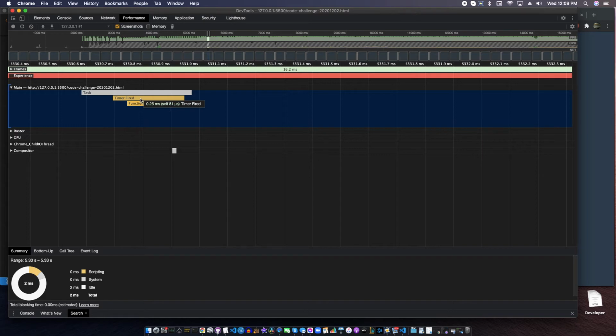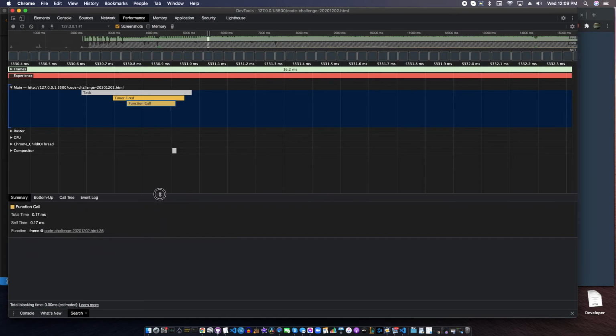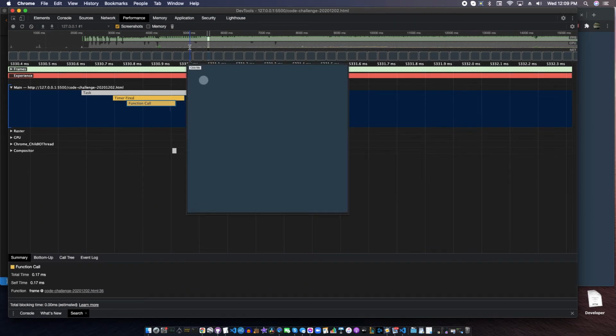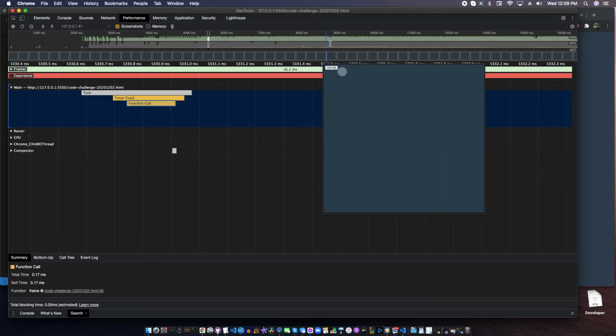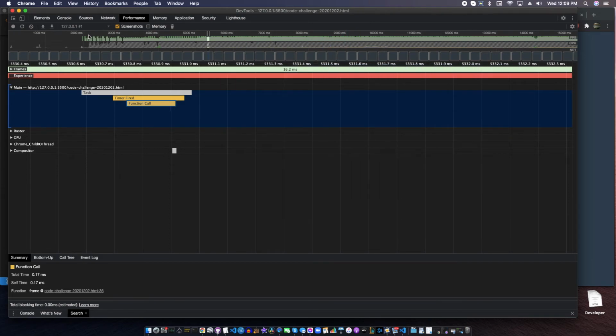It took 0.25 milliseconds or 81 microseconds. I don't know. And the function call doesn't tell me which function. But it tells me what was happening on the screen.